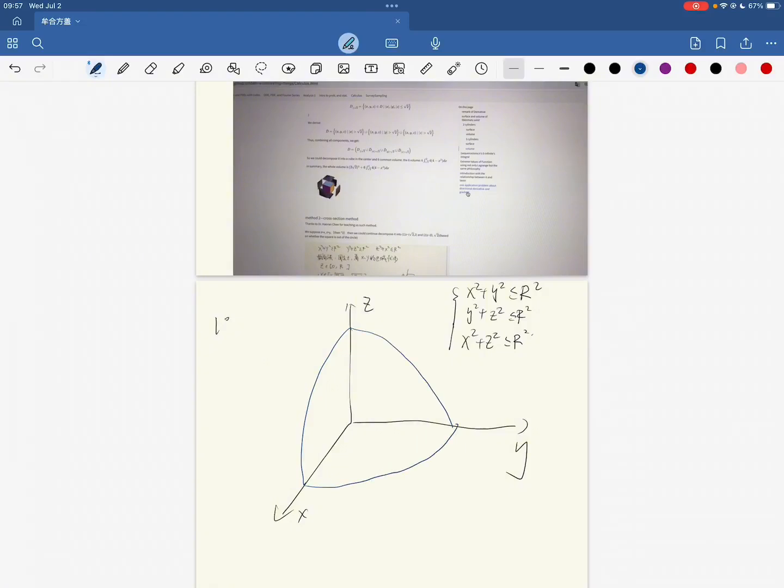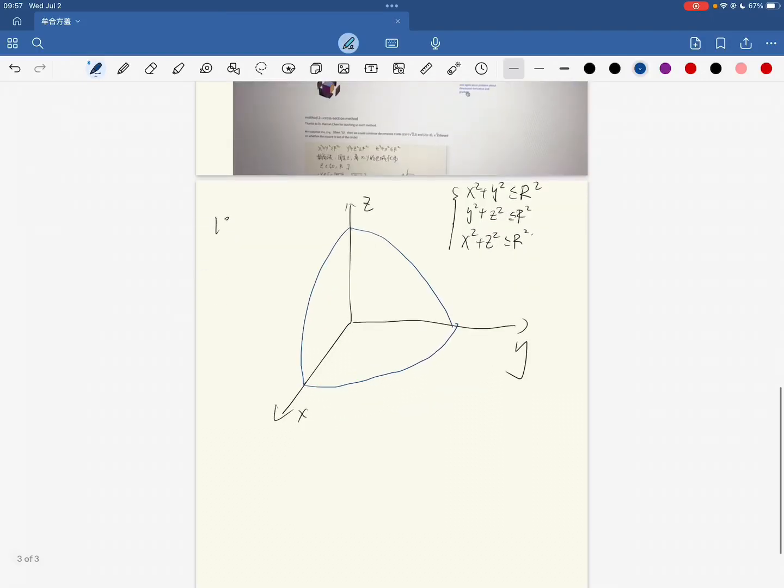We just draw one octant of the coordinate system, and this piece is only 1/8 of the whole.